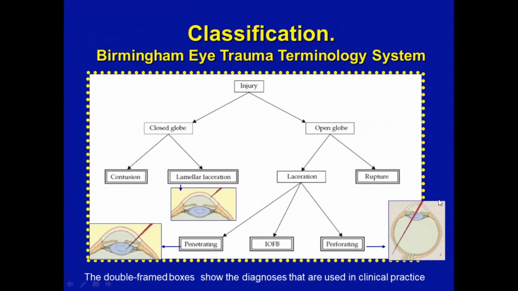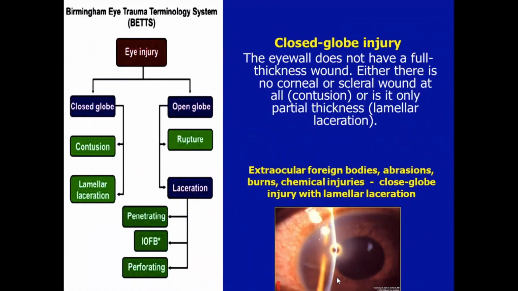As for perforating, two holes. Again, on this picture you see the Birmingham Eye Trauma Terminology System classification, and we will speak about all these traumas. We start from the closed globe injury.